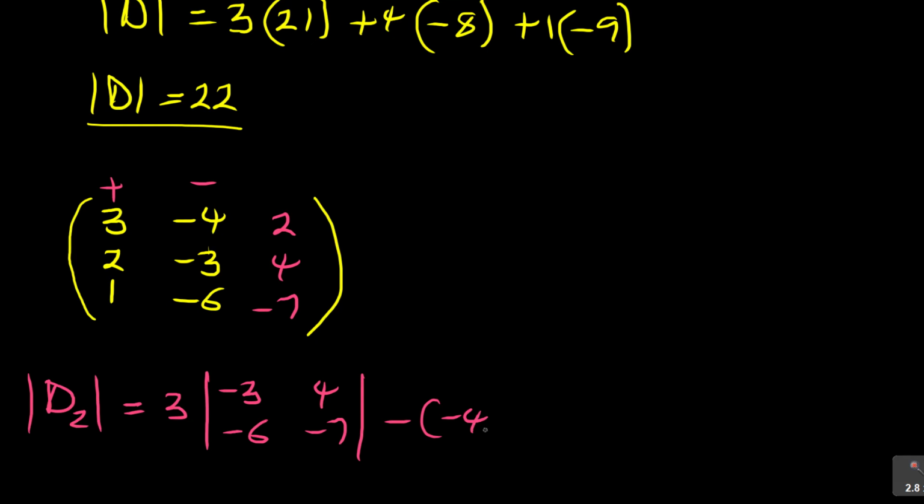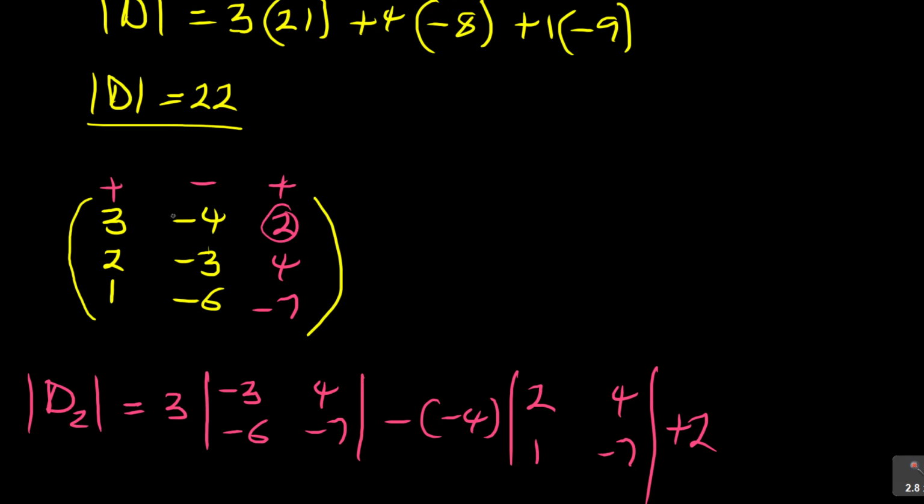So it's minus 4, and then there is positive. Now if it's minus 4, if you cross that, you've got 2, 1, 4, minus 7. Seeing that? And then it's plus 2 now.